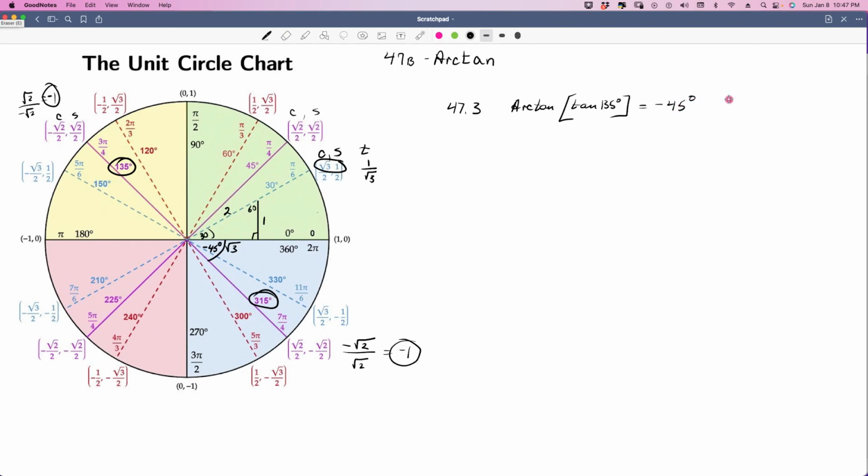That's it. We just had to do a little comparison shopping here. We found 135. We realized it couldn't live here. We looked at the tangent of 135, so it's -1. And then we looked in either the first or the fourth. We know that everything in the first is going to be positive. So we look in the fourth because that's where our negative tangent lives.